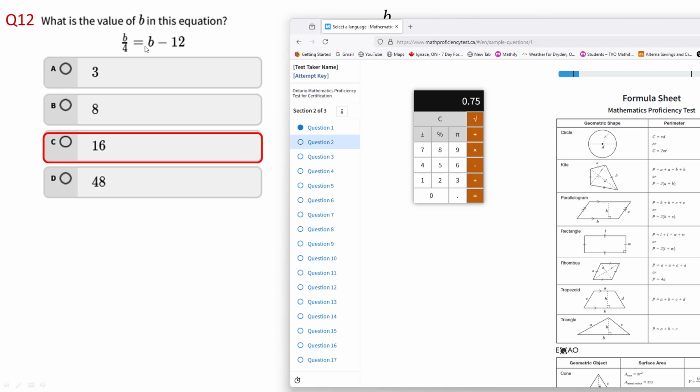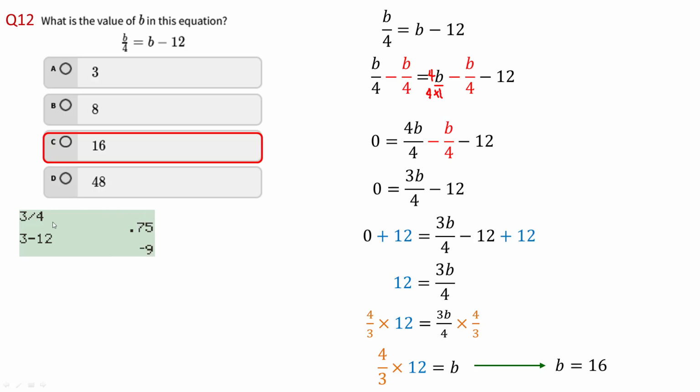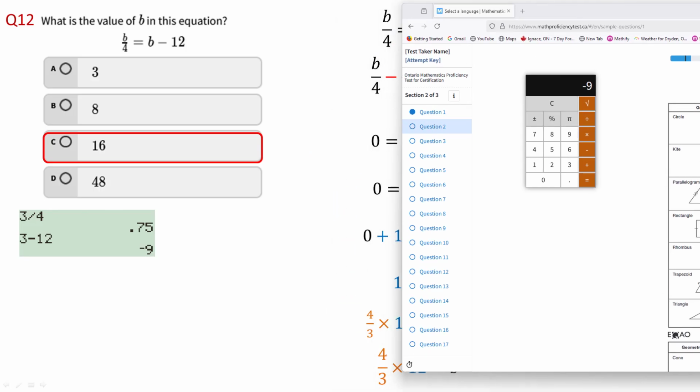And if I put my 3 in place of b, 3 subtract 12 is negative 9. Notice that the value on the left and right side aren't the same. Actually, I have a calculator screenshot. 3 divided by 4 is 0.75. 3 take away 12 is minus 9. So that 3 is said not to satisfy the equation because it doesn't make both sides have the same value.